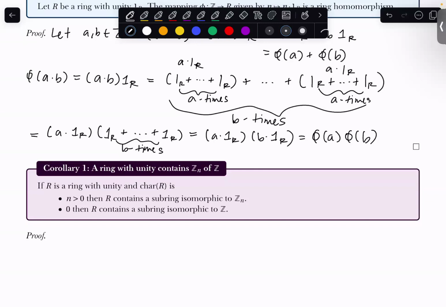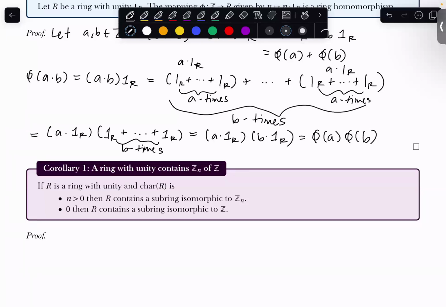So here, if it's some number bigger than 0, then that's telling us that we're going to have a subring isomorphic to Zn. So you can really see a copy of Zn living inside of your R. It might not look like 0, 1, all the way up to n minus 1, but it's going to work exactly the same, where when you add them or multiply them, it works the same as in Zn.